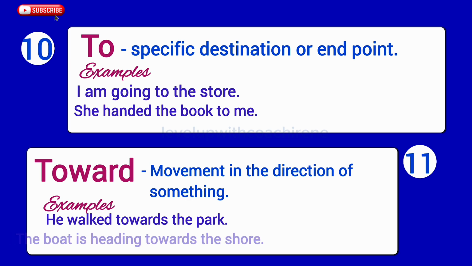Another example is, the boat is heading towards the shore. The boat is moving in the direction of the shore, but it may or may not arrive there. The key difference between them is that to emphasizes the specific destination or target, whilst towards focuses on the direction without necessarily reaching the endpoint.